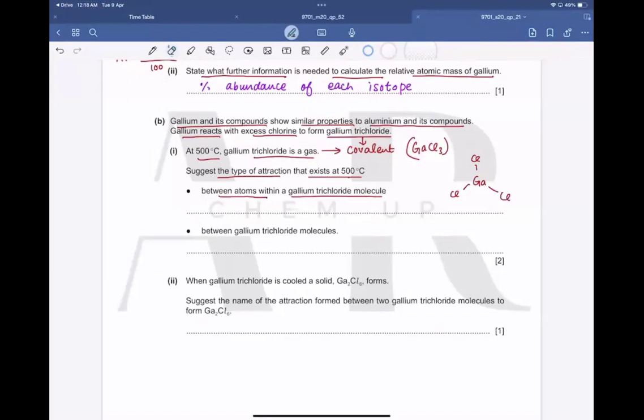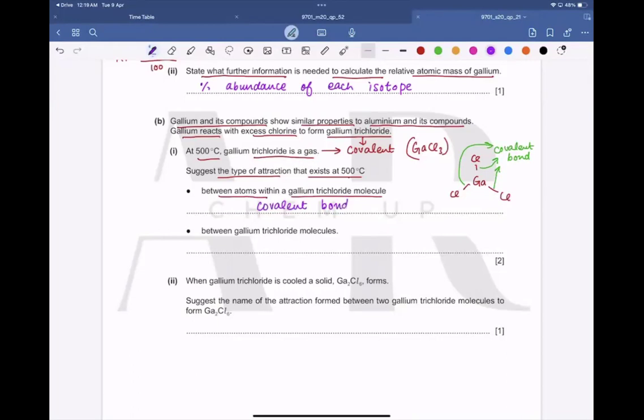Induced dipole is always between the molecules. Right now they are asking between atoms within a gallium trichloride molecule, so they are talking about this, and this is a covalent bond. Whether you are talking about this or this or this, all of them are the attraction between the atoms within the molecule. So here I will write covalent bond.